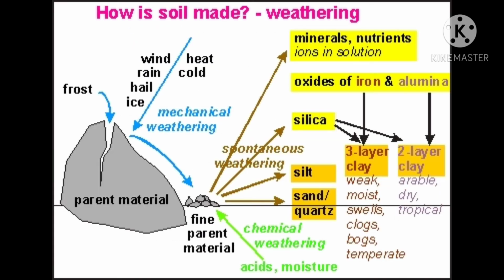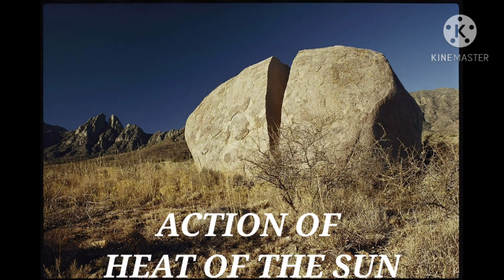Children, you all have understood that soil is formed by breaking up of rocks, and these rocks break due to the action of heat of sun, rain and water. Now let us know how does sun help in breaking up of rocks.